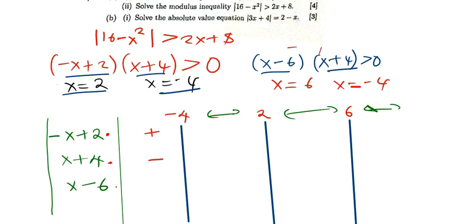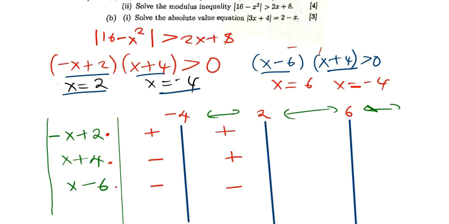Plug in negative 5 here to give us a negative number. Then the other side, think of a number between negative 4 and 2. So the fact that we're transitioning from a negative number to a positive, I can just easily think of 0. If you plug in a 0 for the first part, it will be positive, positive, negative.